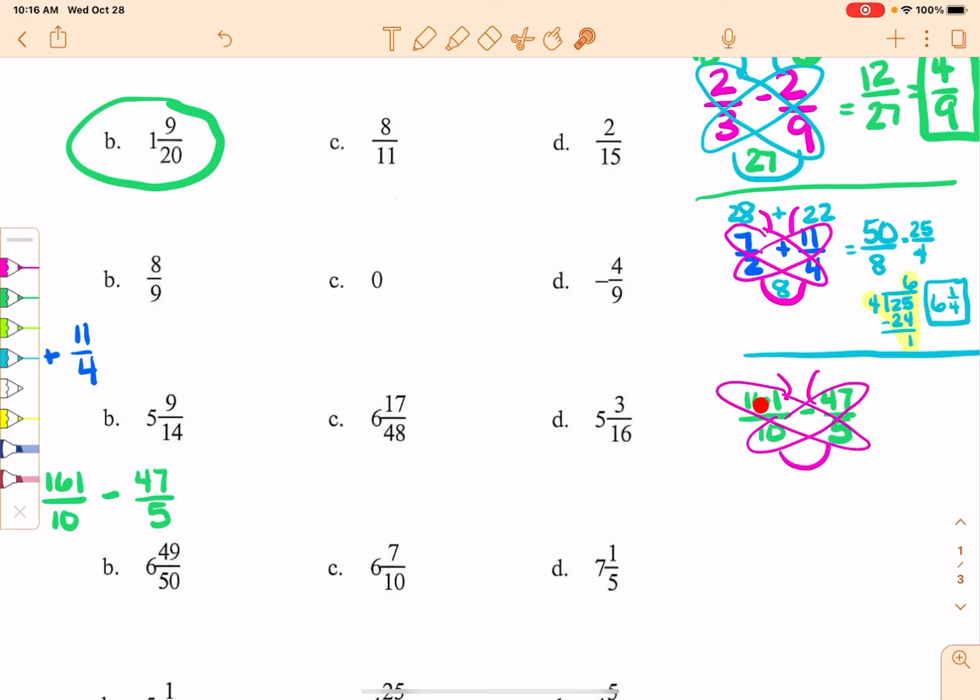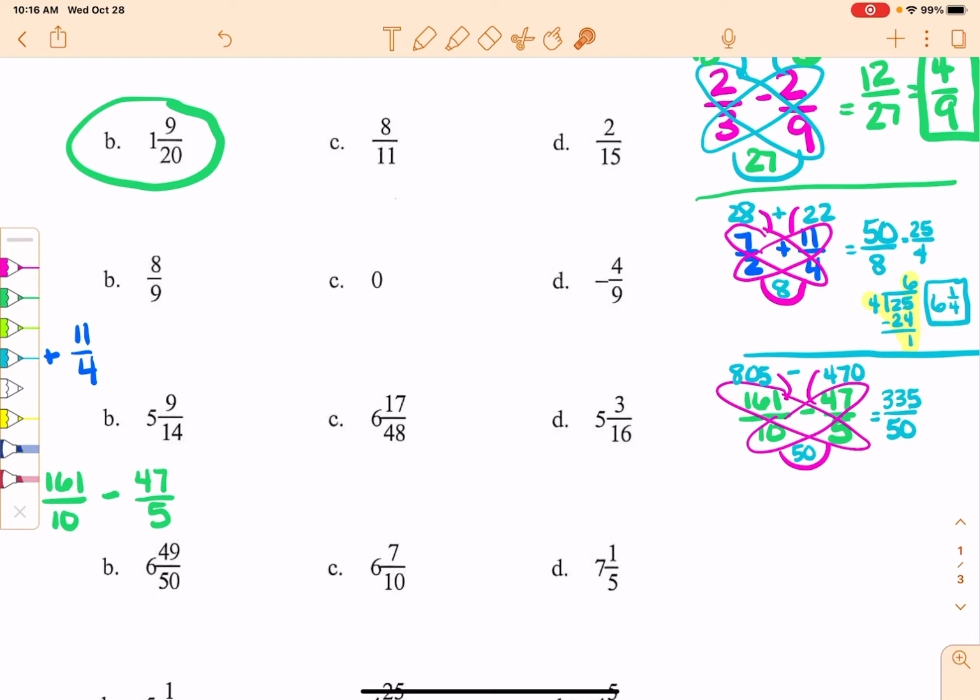So 5 times 161 is 805. 10 times 47 is 470. Now, if I subtract those two, I'm going to end up with 335. On the bottom, 10 times 5 is 50.